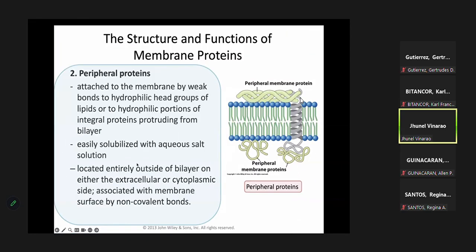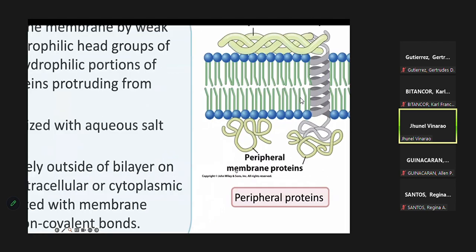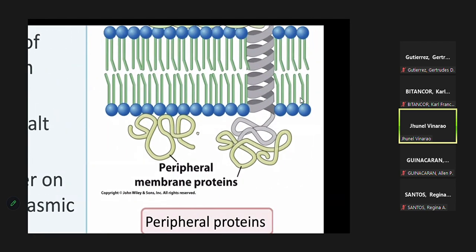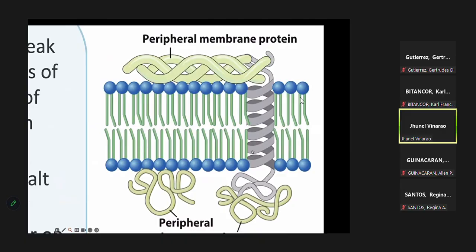They are located entirely outside of the bilayer, on either the extracellular or the intracellular side.